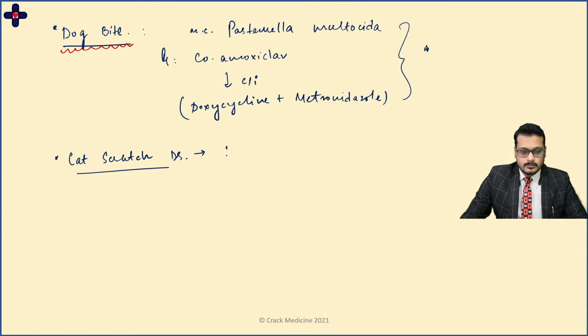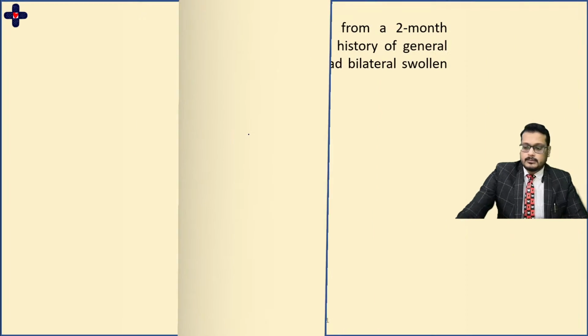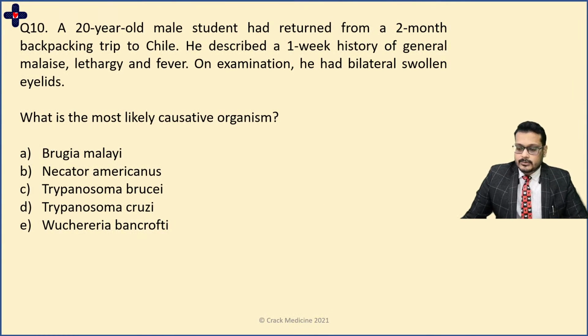Any answers? Start with B. Yes, absolutely right. It's Bartonella henselae. That makes me really assured that you all are revising it very properly. Okay, let's get to the next one.